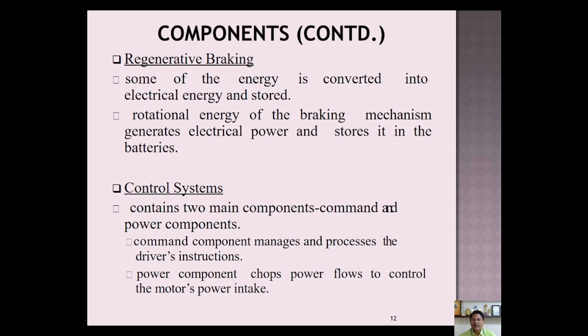The driver may want high speed, cruising speed, low speed, sudden braking or sudden propulsion. Different operating conditions will be met by the control system, which gives instructions to the components so that smooth driving of the vehicle is ensured.